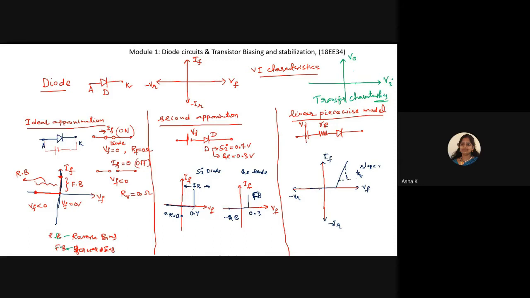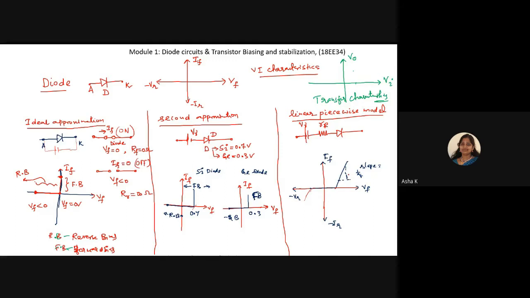Along with the knee voltage, the current increases linearly upon applying the forward voltage. This is the forward current and forward voltage, and on this side, if it reaches beyond a particular point, breakdown happens. So this is minus VR and minus IR, and this is VF and IF.